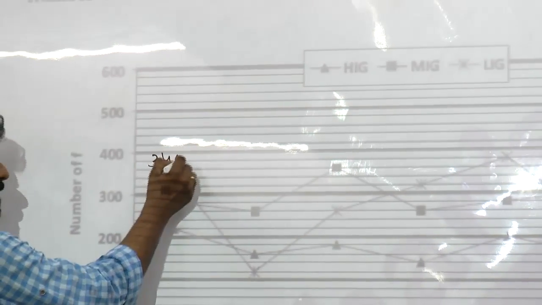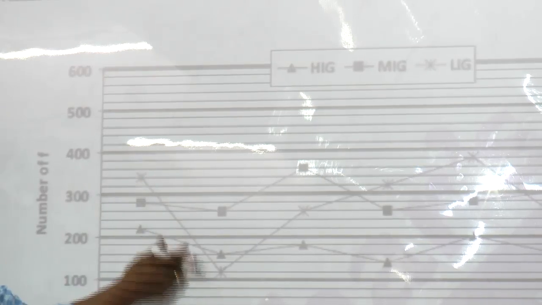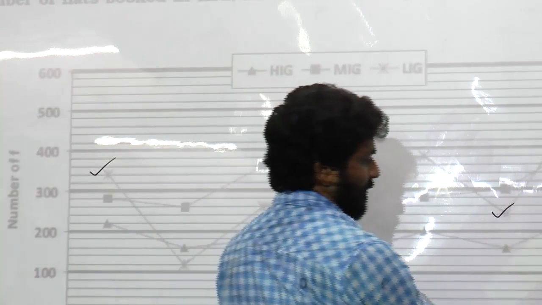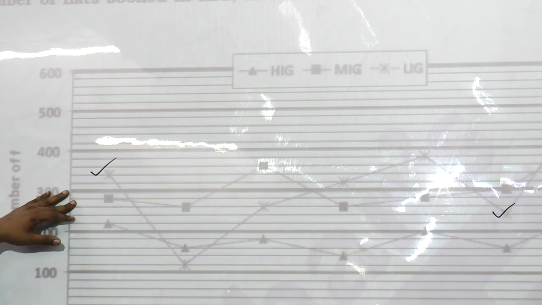A, 340. Wait a minute. This one. This one. I want to calculate only number of lines. I know that here I have 5 lines. 5 lines. 5 lines. 15. 5, 5, 5, 15 plus 2, 17.